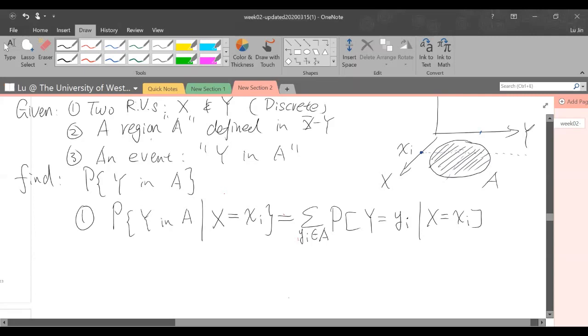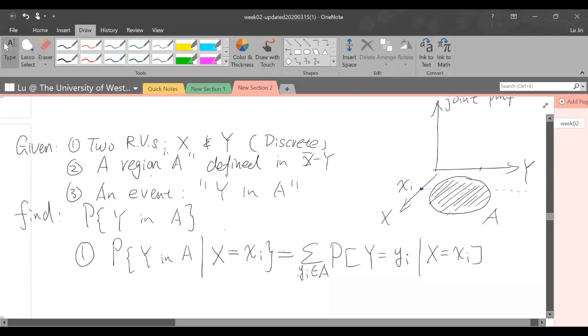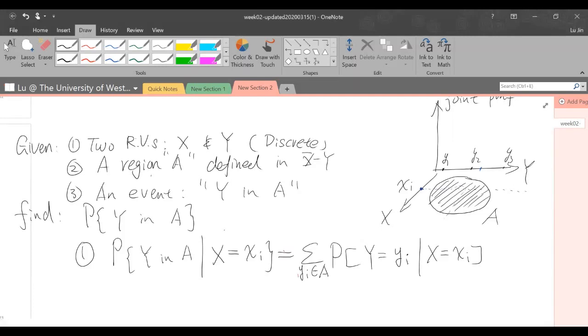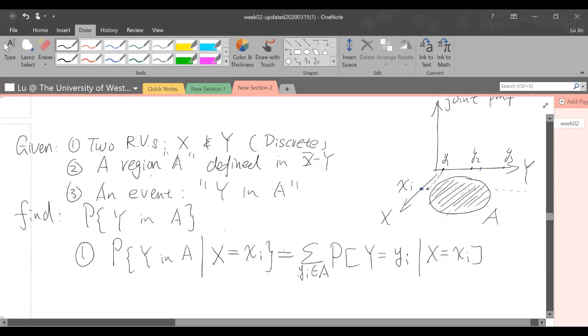That means, okay, let's keep drawing that. Along the y-axis, if there are 3 possible y values, say y1, y2, and y3, and the xi value has been fixed as a condition, then by combining with the xi, these 3 y values will give you 3 possible positions of the points, which are here, here, and here.